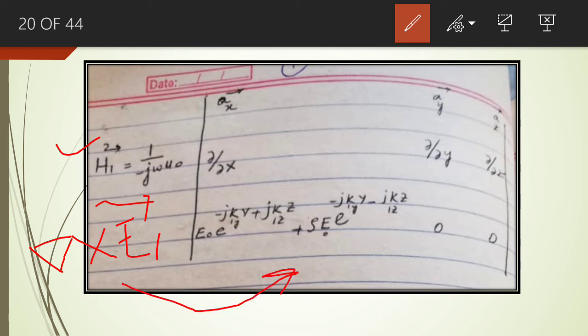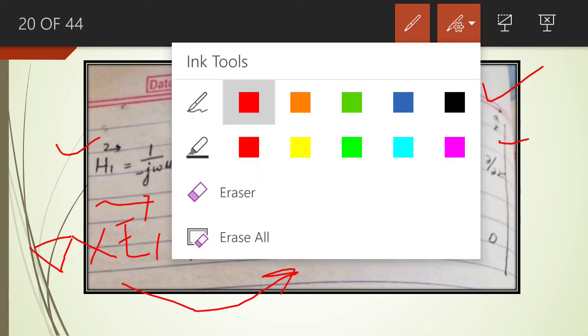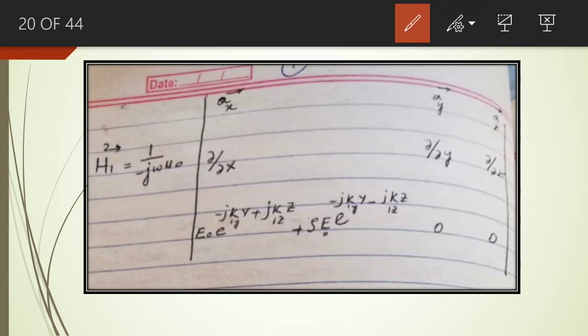So what do we have? We have a_x, a_y, and a_z in the first row. Then we have the partial derivatives with respect to x, y, and z in the second row. We consider the third row of this determinant.